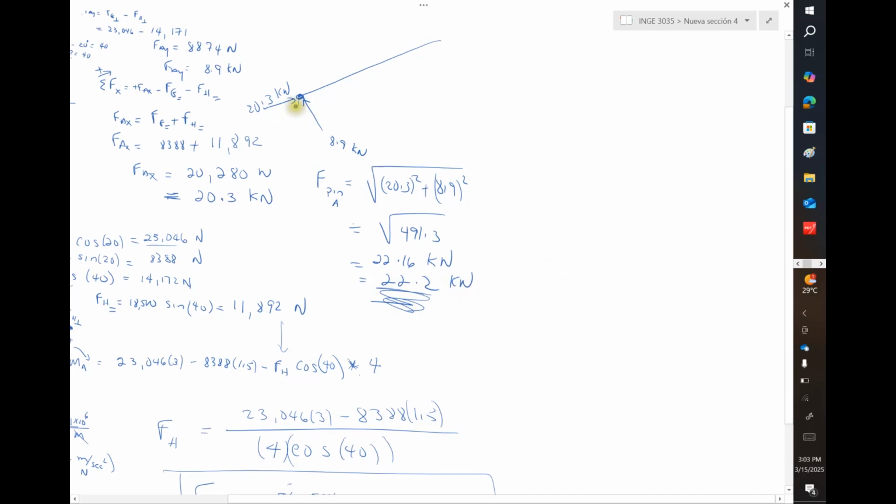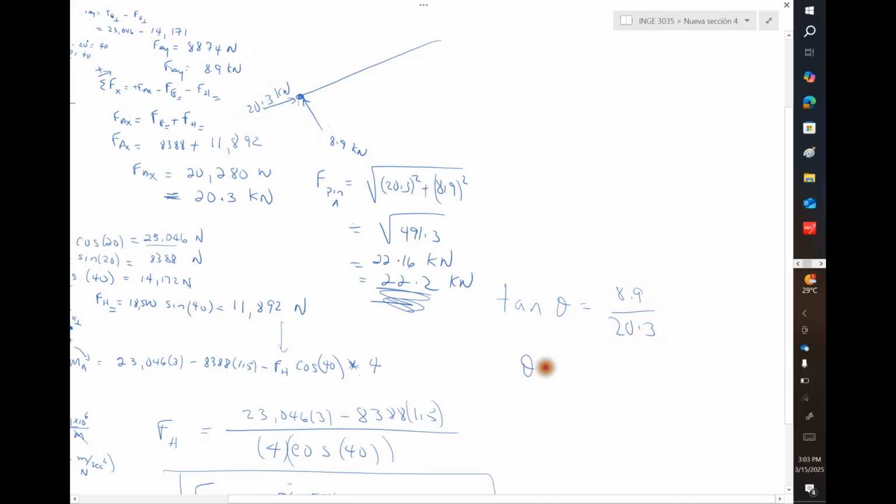Basically I need to calculate that angle based on these two forces, and for that just use the old tangent of theta, which is equal to whatever is on the y direction, in this case 8.9, divided by 20.3.